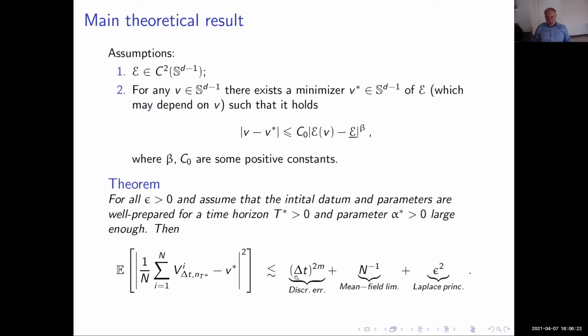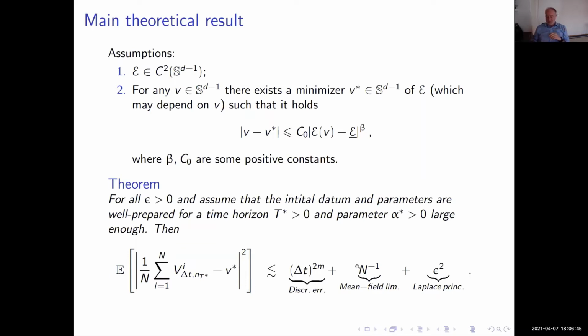Here delta t represents the discretization error. Then you have an error that depends on the number of particles and represents the mean field limit rate, which goes like n to the -1. It is independent of the dimension.